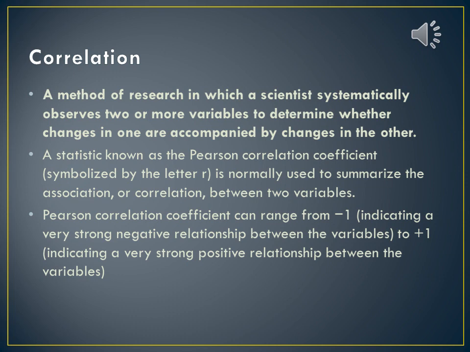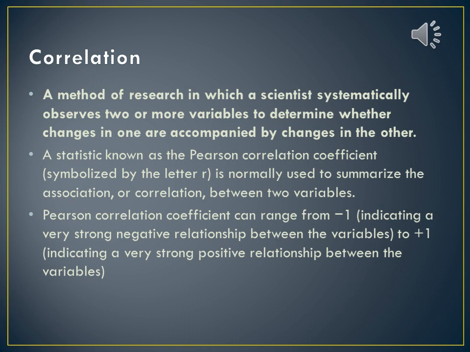The range from -1 to 0 indicates a negative relationship between these two variables. If you are getting a value between -1 and 0, and it moves toward -1, it indicates a very strong negative relationship between the variables.